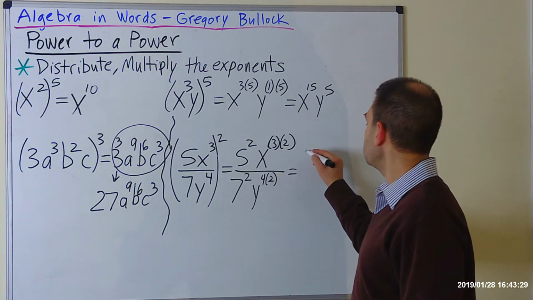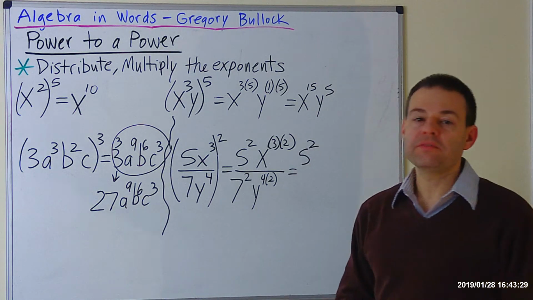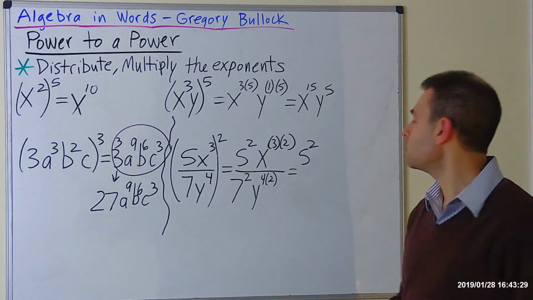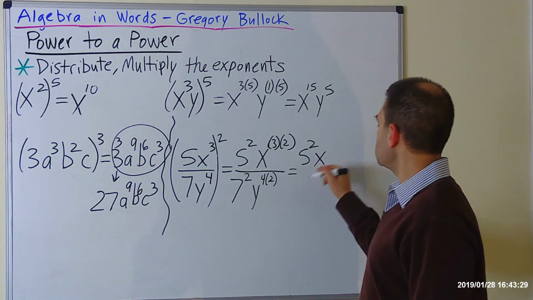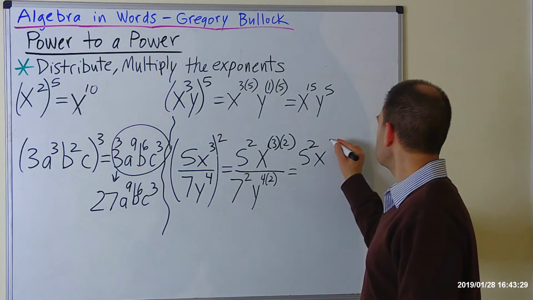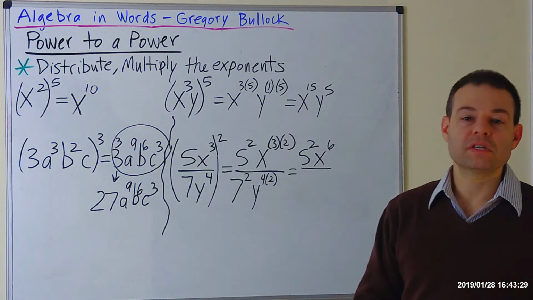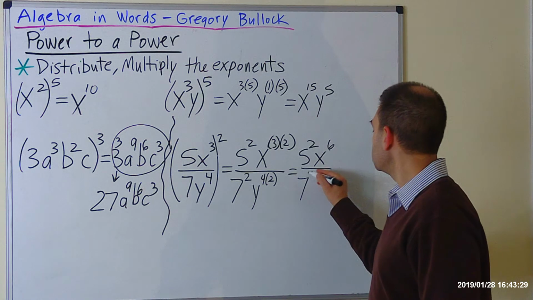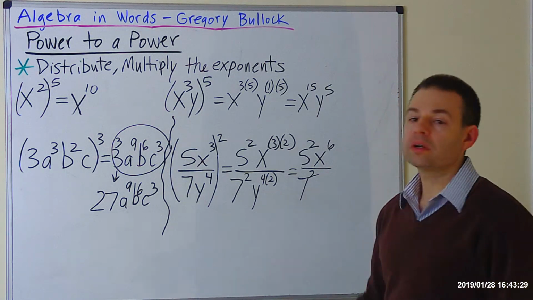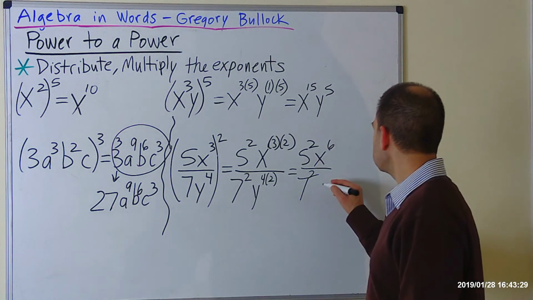So 5 squared, you can leave that 5 squared if you want. You can also expand that, which we'll do in a second. And then the x is going to be 3 times 2, which is x to the 6th. Then in the denominator, we can leave 7 squared in exponential form, and then y to the 4 times 2, or y to the 8th.